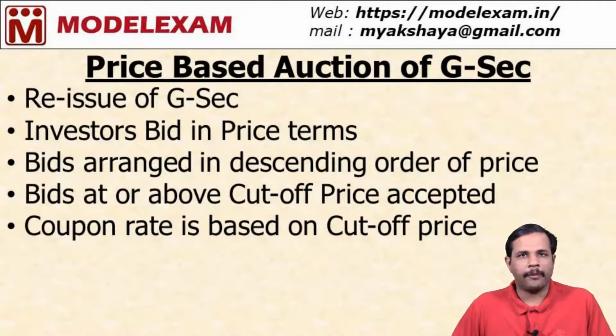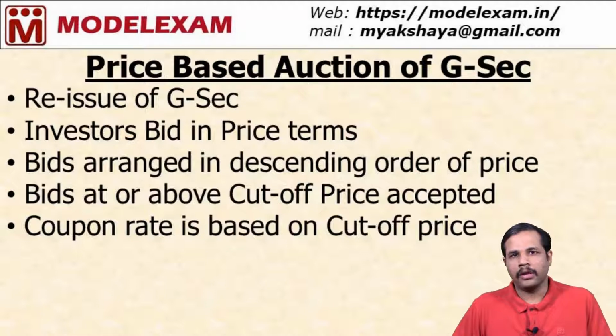Let us see the second type of auction, that is price based auction of government securities. Normally this type of auction is used in case of reissue of government securities. That is, if RBI wants to reissue an existing government security, then they will go for price based auction. Here investors bid in terms of price, and in the earlier case investors bid in terms of yield. Here bids are arranged in descending order of price.